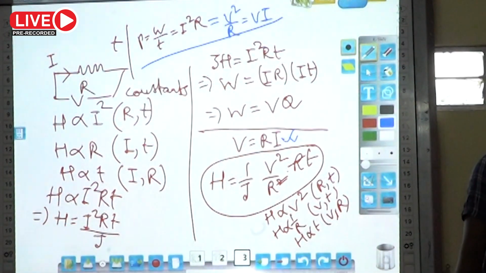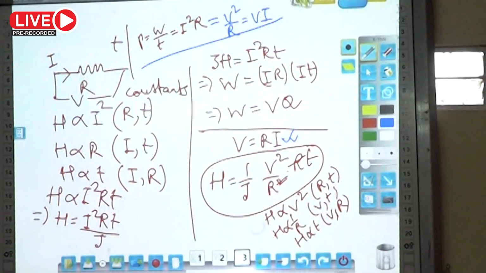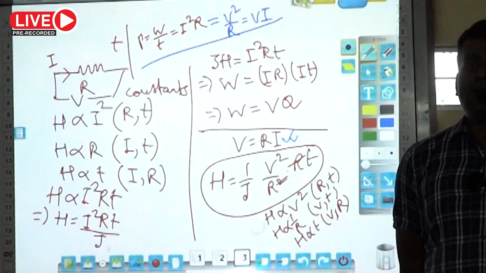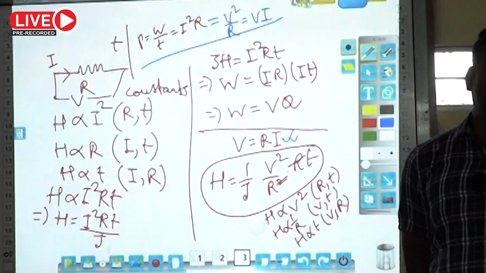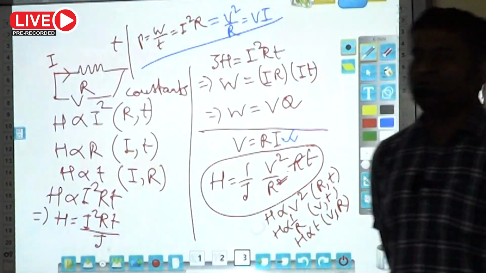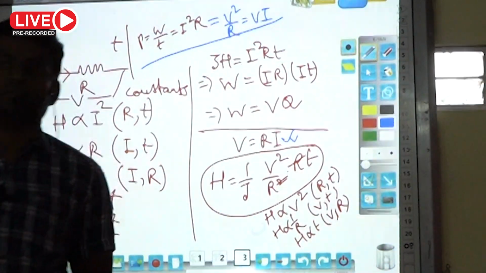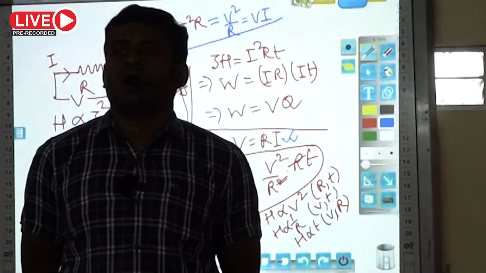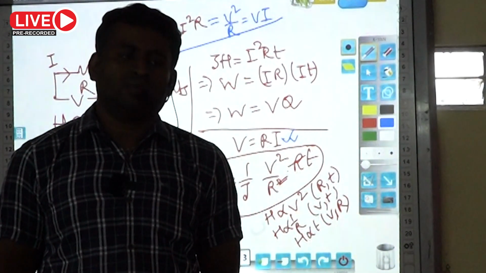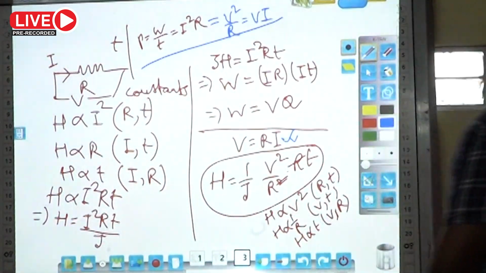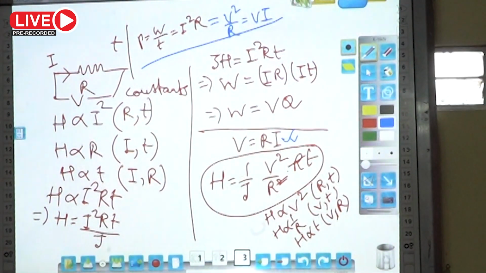Now write down one problem. Two different external resistors, capital R1 and capital R2, are connected with a cell separately.